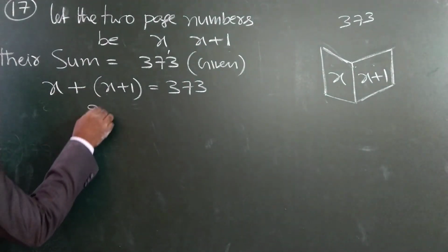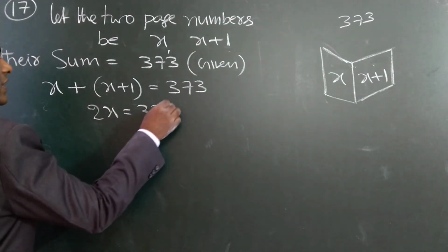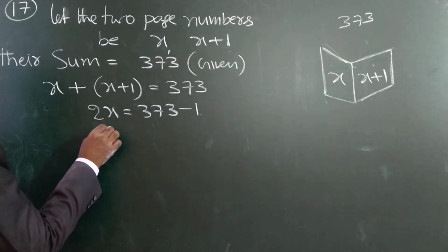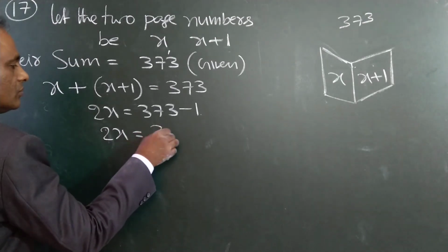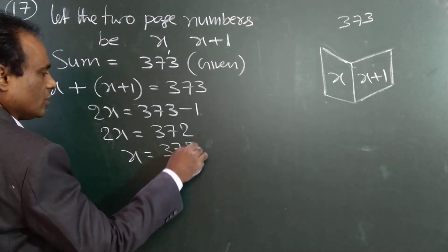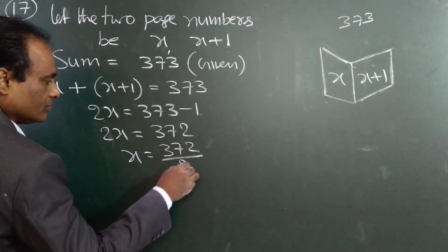x plus x is 2x. 2x plus 1 equals 373. Minus 1 on the right side. x is equal to 372 by 2.